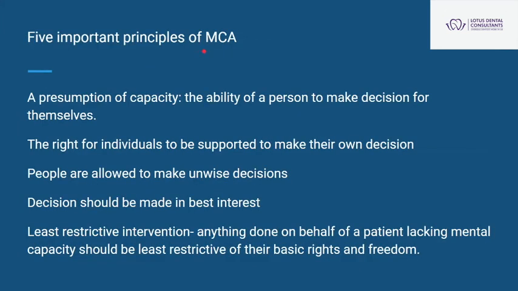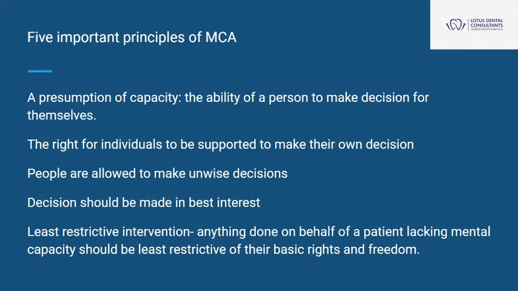The 5 important principles of the Mental Capacity Act. First is presumption of capacity, the ability of a person to make a decision for themselves. You cannot assume that a patient is not smart enough or not competent enough to give a decision. Our job is to explain the details to the patient, make sure the patient knows everything, and judge for himself.